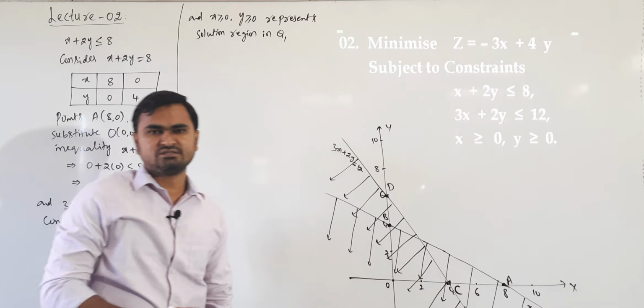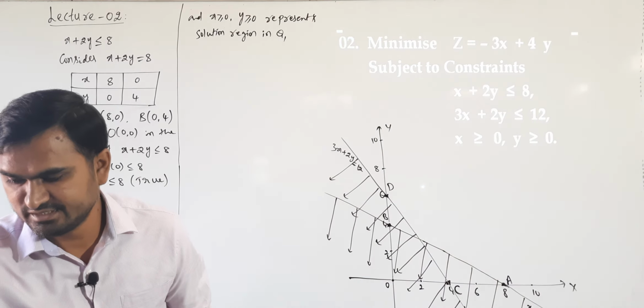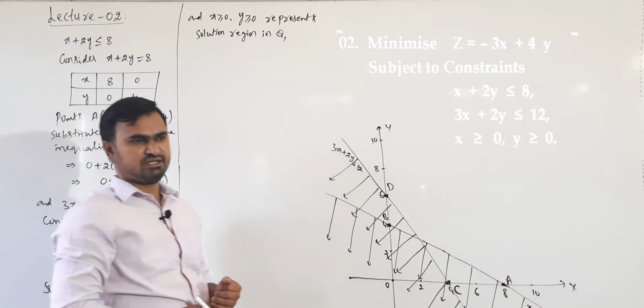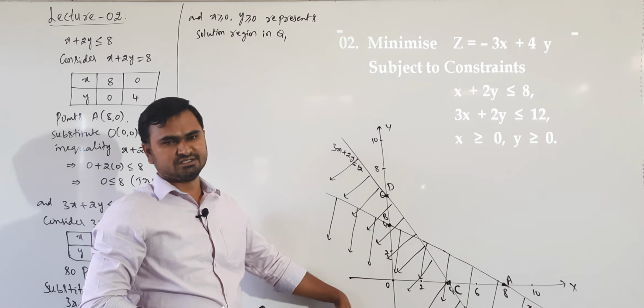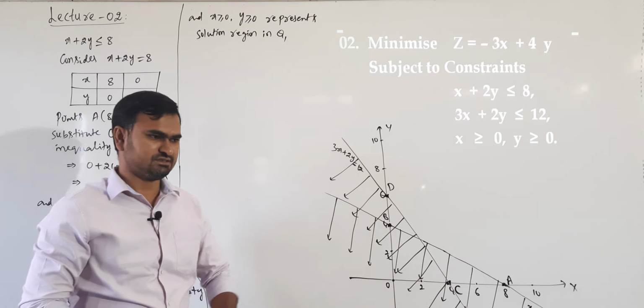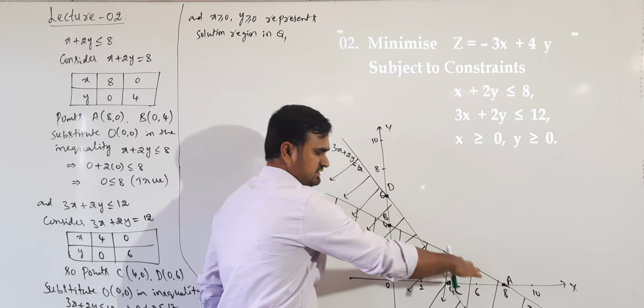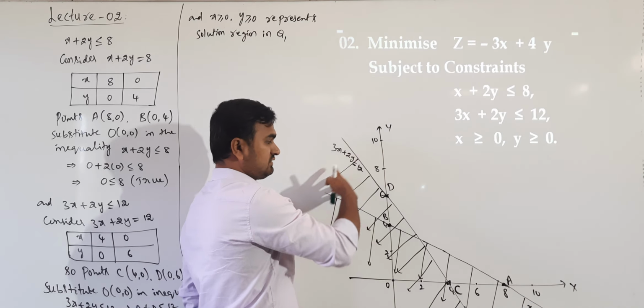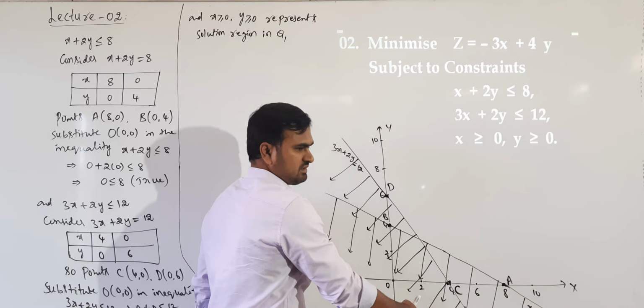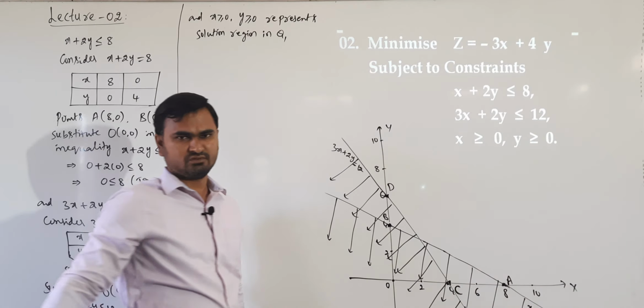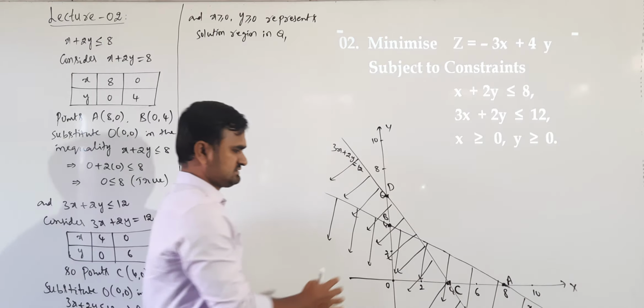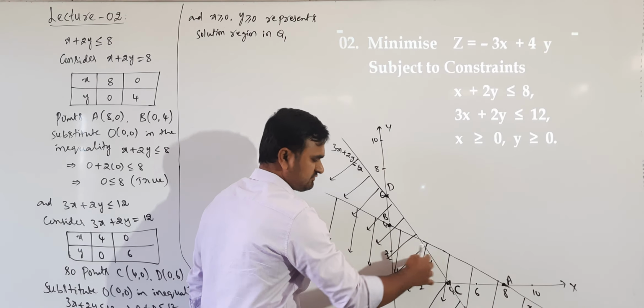Now what is the feasible region now? Feasible region is the common region determined by all the inequalities. It is called as a feasible region. See what is the common region now we can take? Below this first line and below the second line and in first quadrant. Okay. So what is common to all this? Below both the lines and in first quadrant.